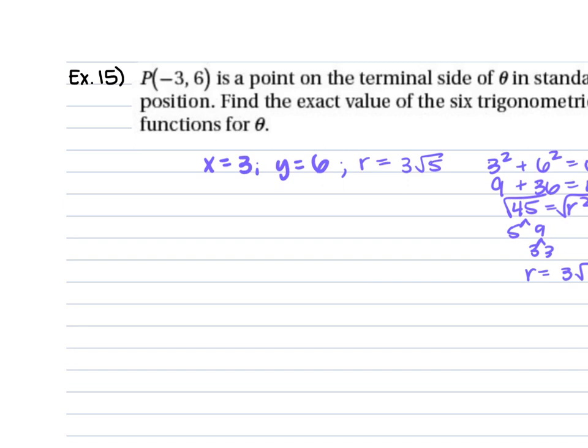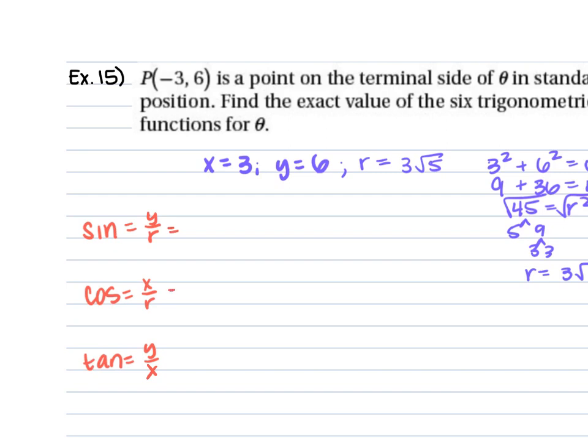So then write down all of your things. Sine is y over r. Cosine is x over r. And then tangent is y over x.